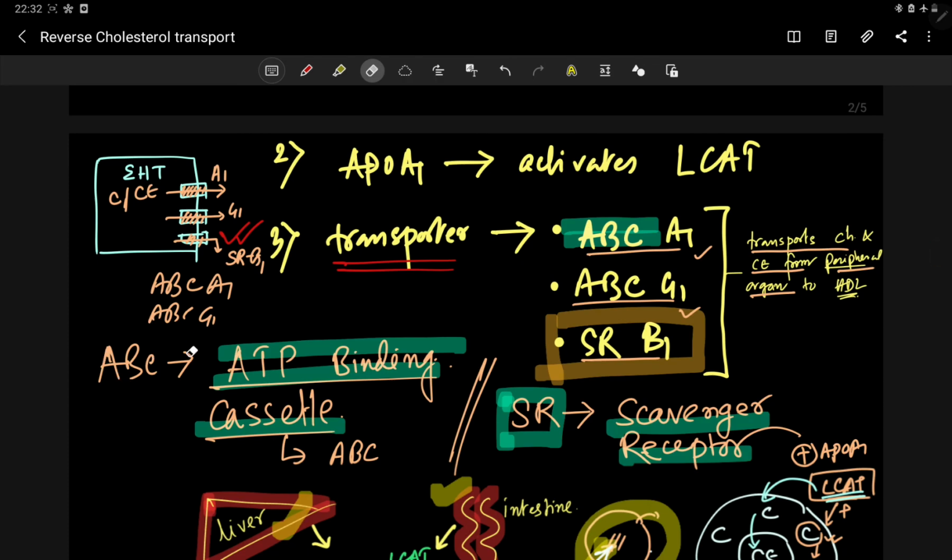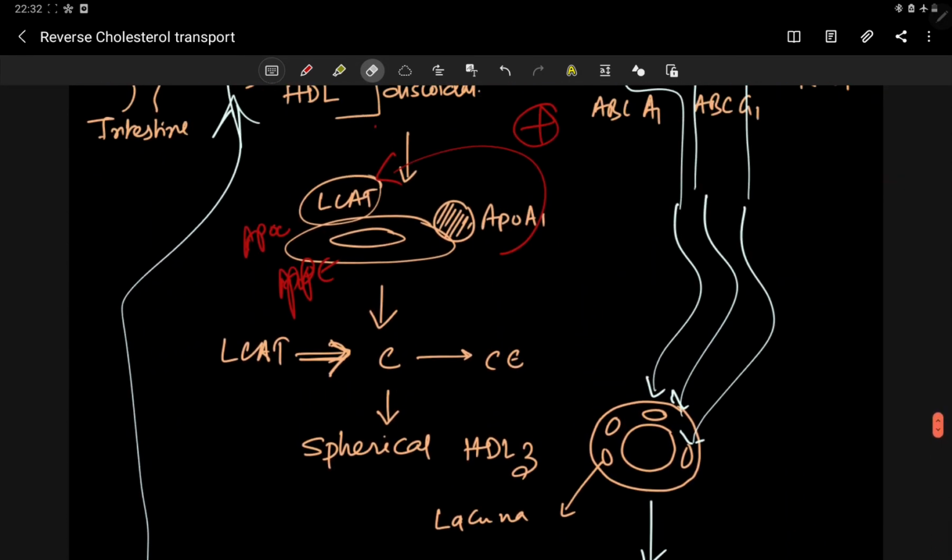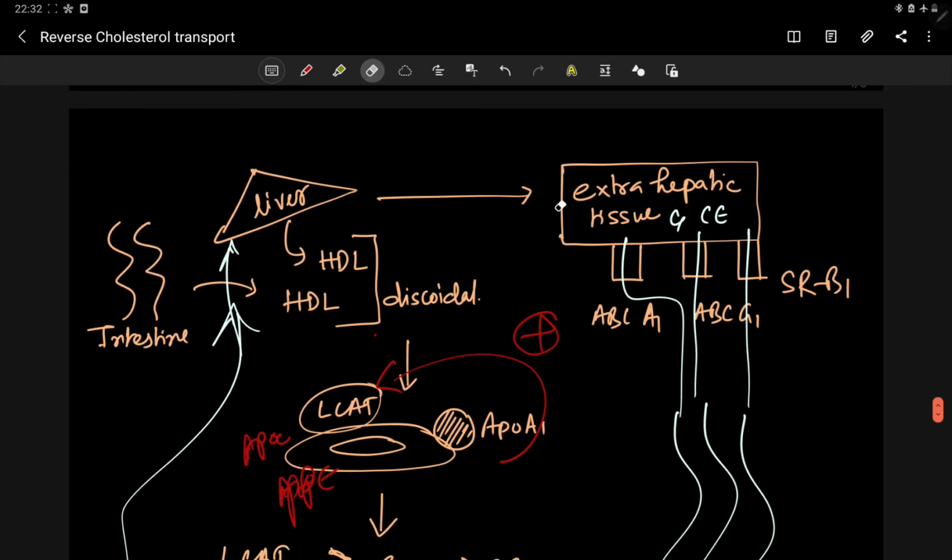You can see ABC is ATP binding cassettes, and SR is scavenger receptors. So in the extrahepatic tissue there are three transporters: ABCA1, ABCG1, and the B1 group of SR protein, scavenger receptor B1.